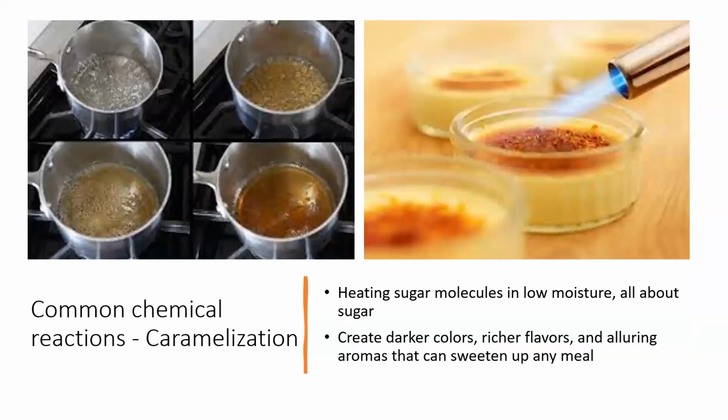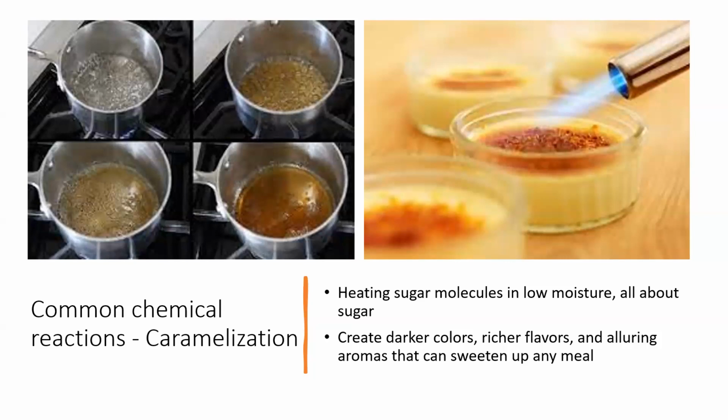The third one is caramelization. It's heating sugar molecules in low moisture, and it's all about the sugar, creating darker colors, richer flavors, and alluring aromas that can sweeten up any meal. Like the pictures here, the group on the left-hand side is a process where you have sugar with some water and heat it up.